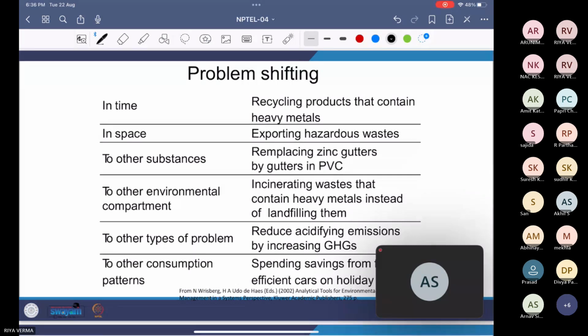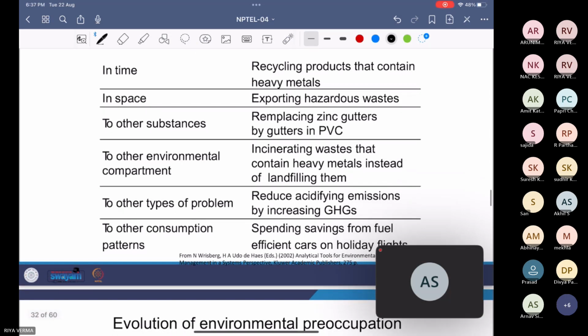For example, problem shifting in time is recycling products that contain heavy metals. Is it worth recycling the products that contain heavy metals? It totally depends on the processes involved in the recycling of those products. Similarly, exporting hazardous waste, replacing zinc gutters by gutters in PVC, or incinerating waste that contains heavy metals instead of landfilling them.